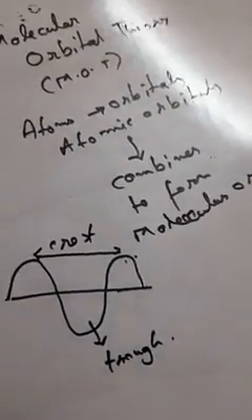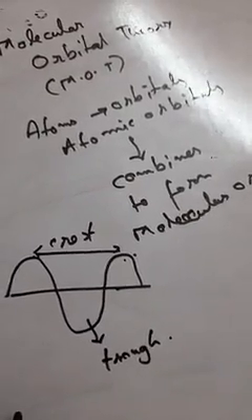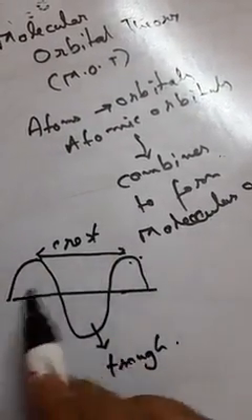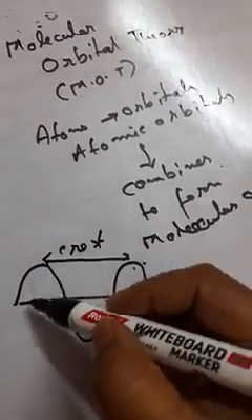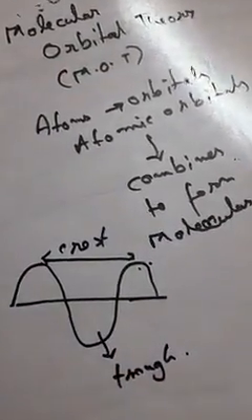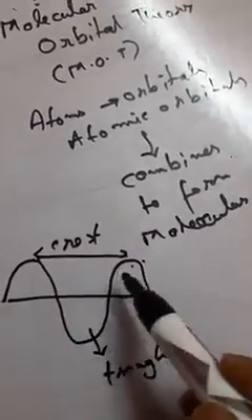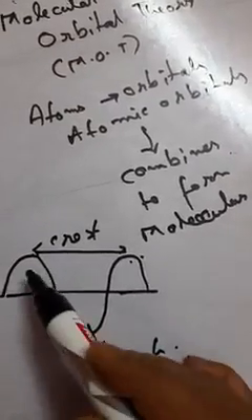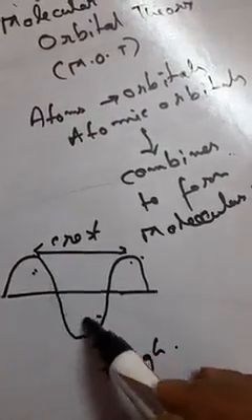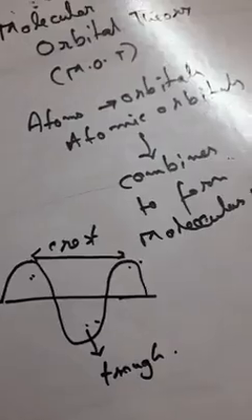In physics, you will see that when two crests overlap with each other, the amplitude increases. When two crests overlap, then amplitude increases, and when one crest and one trough overlap, the amplitude decreases.